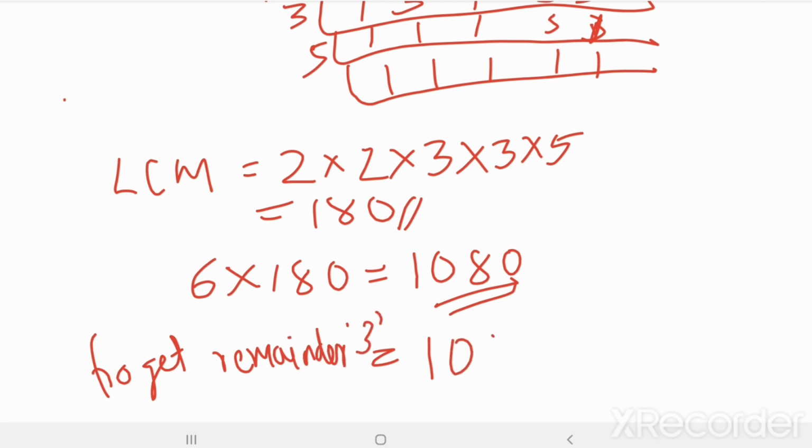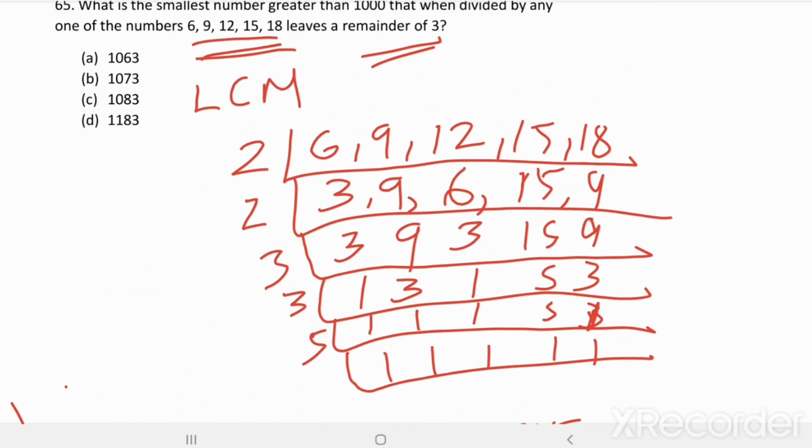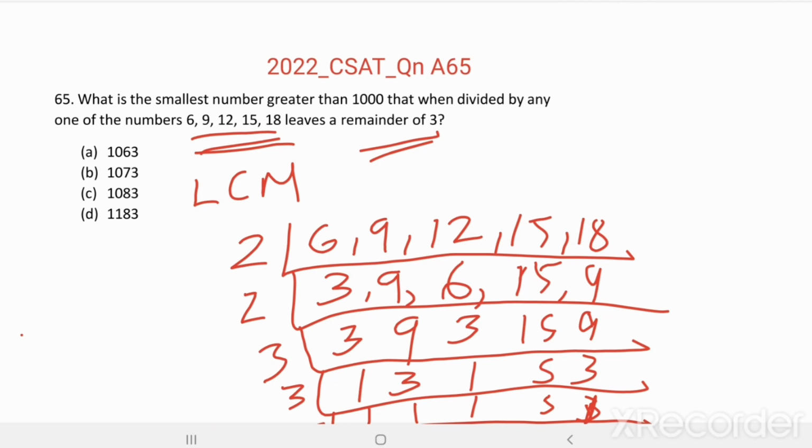Now this is the smallest number greater than 1000 which, when divided by any one of these numbers, leaves a remainder of 3. So option C is the right answer.